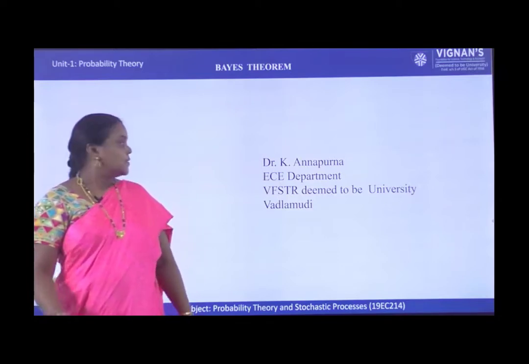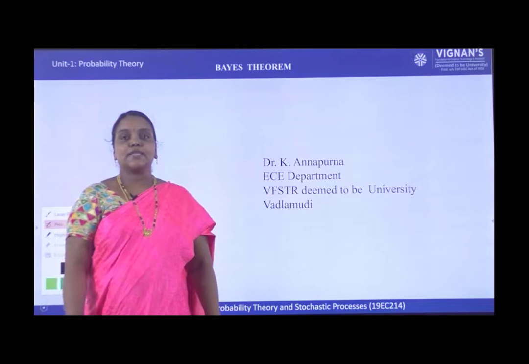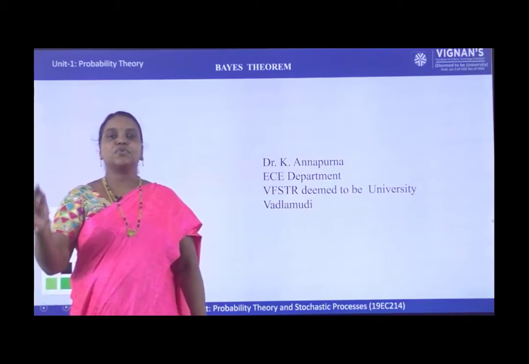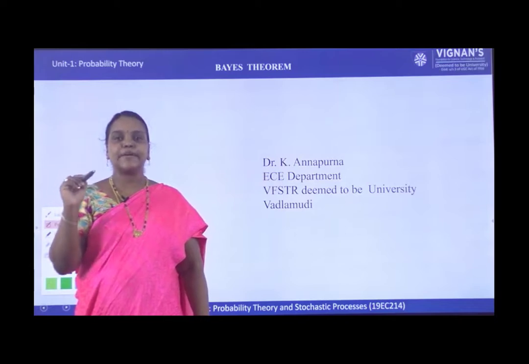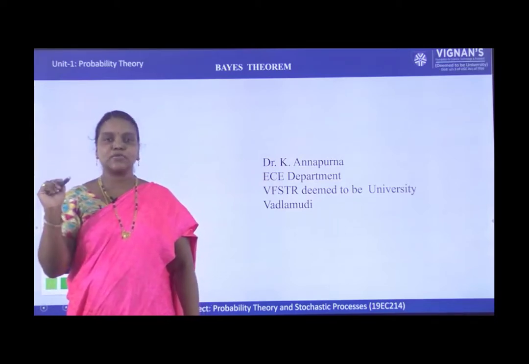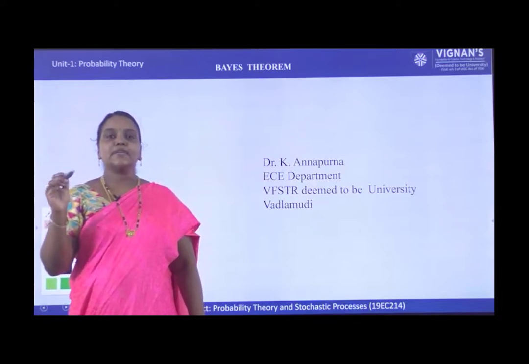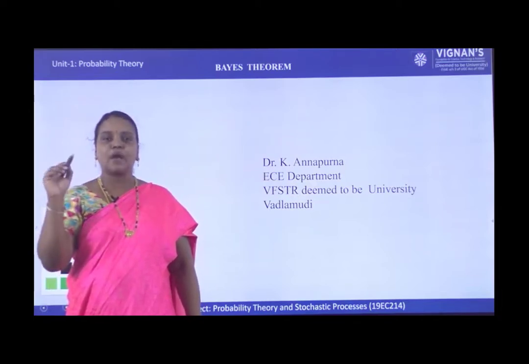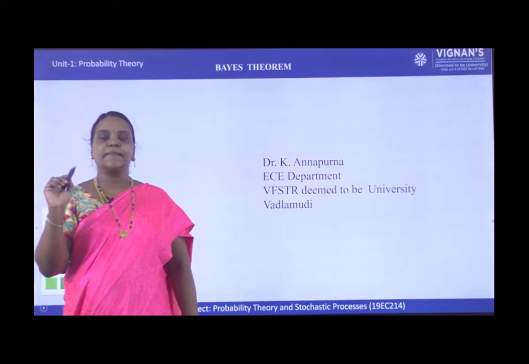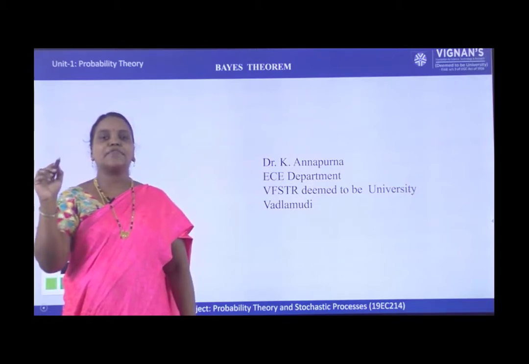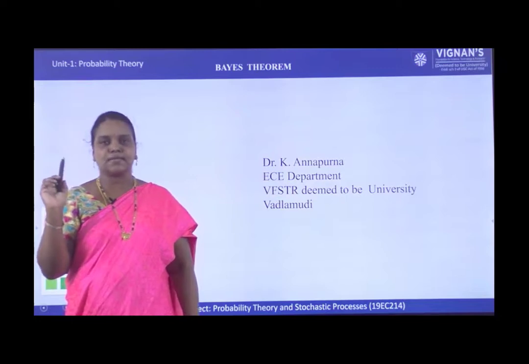So in the last class we have seen the total probability theorem. In the total probability theorem, the total sample space is divided into n mutually exclusive events, B1, B2 and so on, Bn. In that case, if any event A is defined on that sample space, then how to find the total probability of A we have seen in the last class.